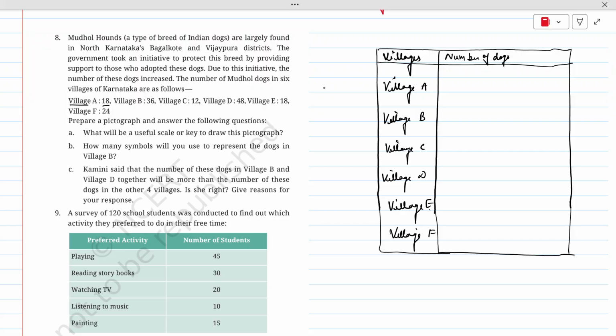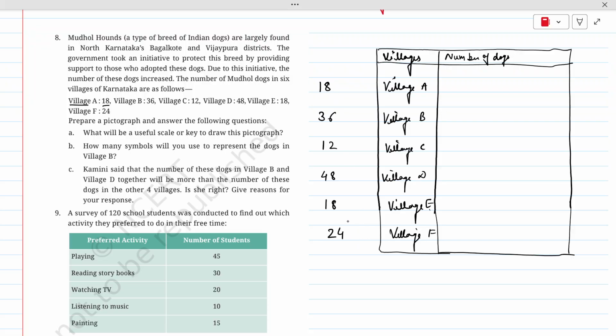I'm just writing it here to understand what numbers are given to us. In village A we have 18, in village B we have 36, C has 12, D has 48, E has 18, and F is 24. These are the number of dogs given to us.